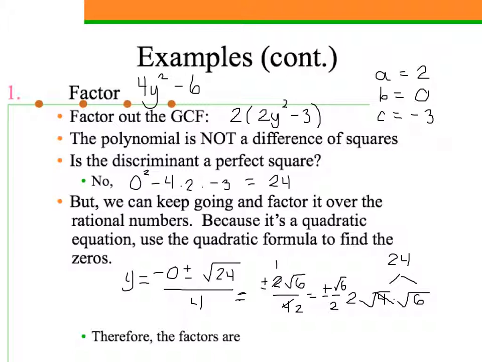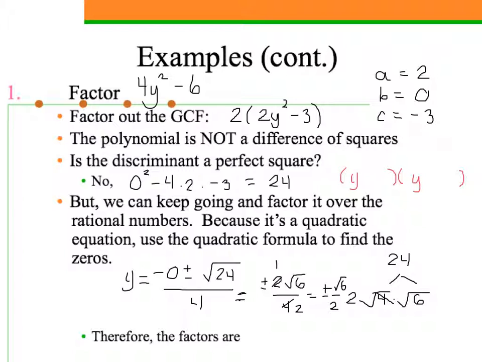So you notice my factors are irrational, or my zeros are irrational, because I have a number under the radical that is not a perfect square. So to factor this, using the methods I showed you in the previous example, I'm going to have an x in each of them, or in this case it's a y.